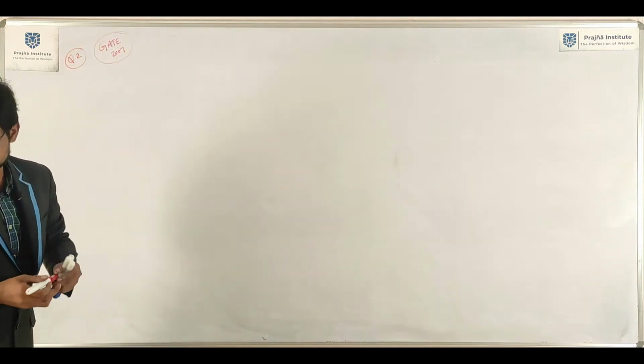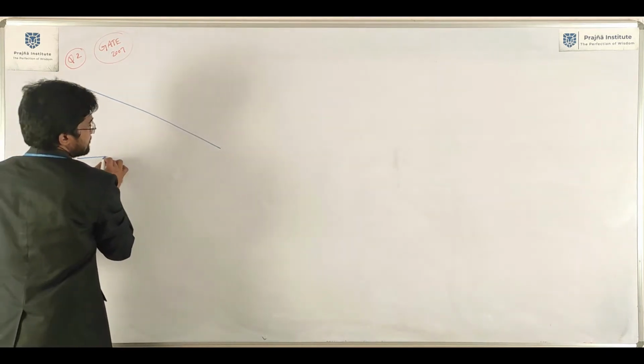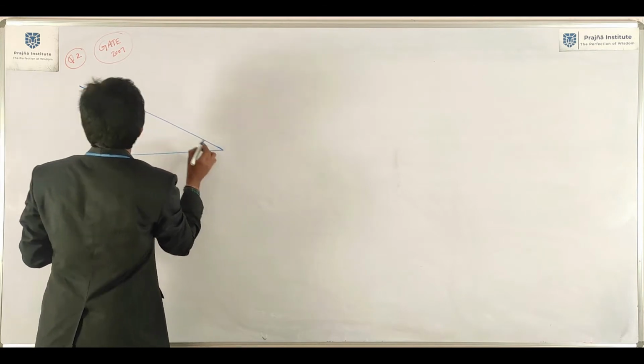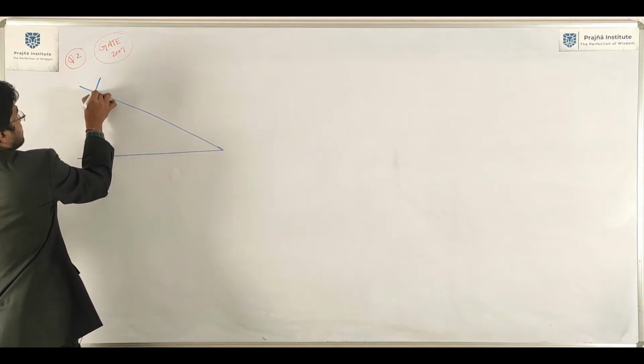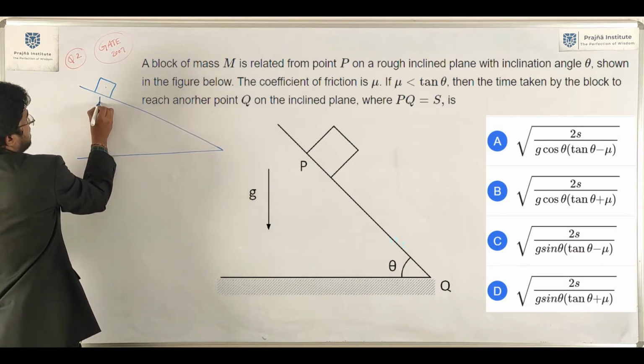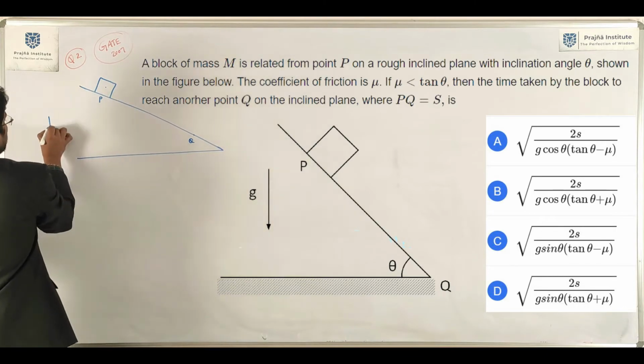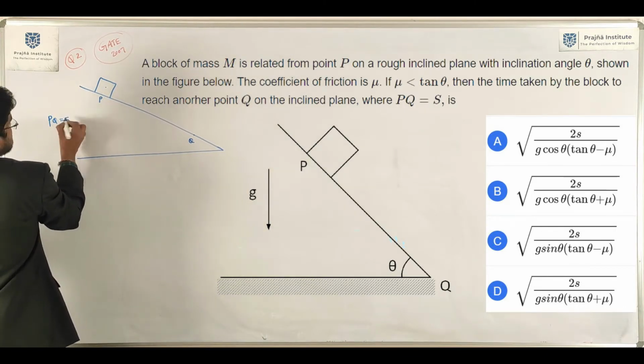First, draw the figure. Here, this particular thing is at point P. PQ equals S.